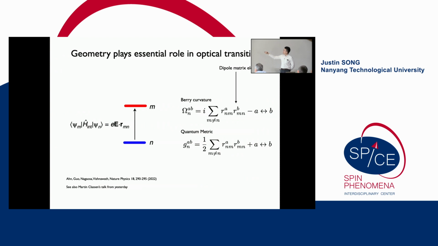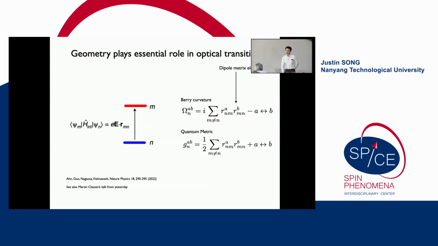While the Berry curvature is the antisymmetric combination of these dipole matrix elements, the quantum metric is the symmetric contribution of these products of dipole matrix elements. So as you can see, the geometry of the system is intricately intertwined with the regular optical transition matrix elements that we all know and love.